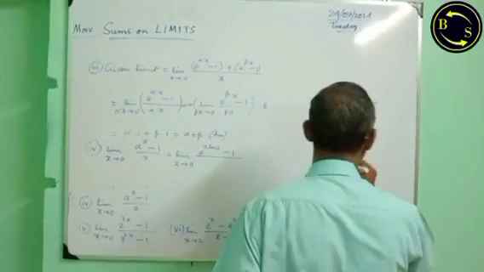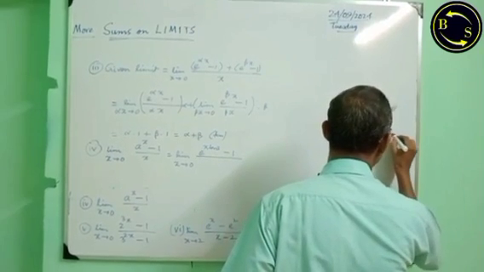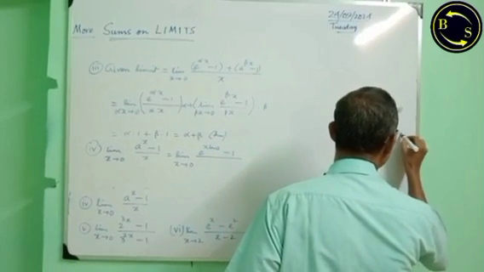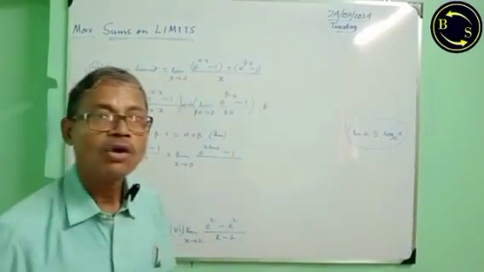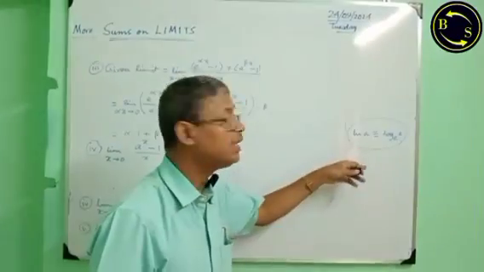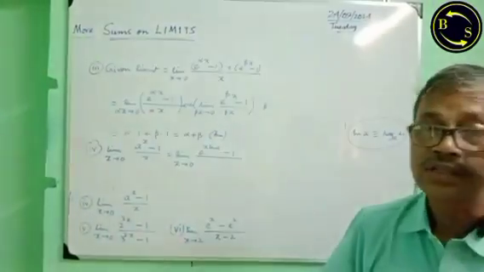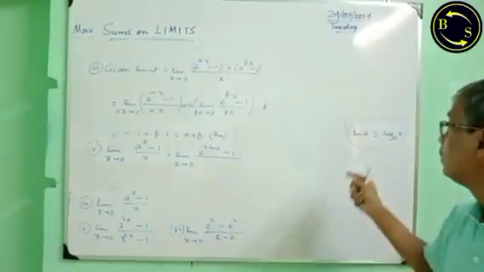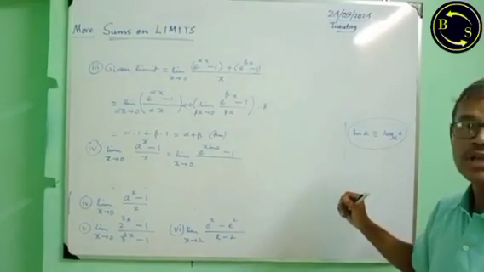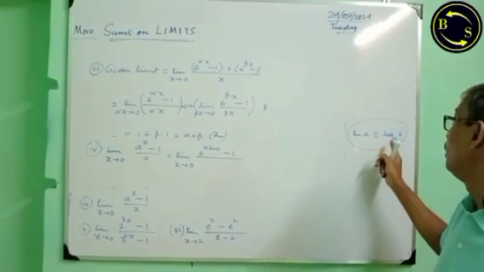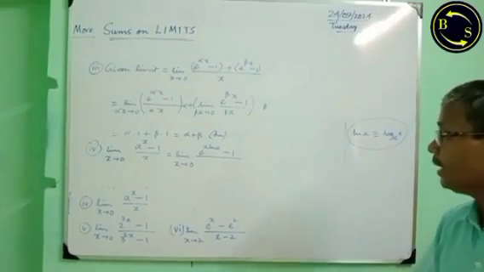Note the symbol. ln a is equivalent to log of a to the base e. Log of a to the base e is written in this ln form. Actually, this is the natural logarithm, represented by this symbol, which was discovered by John Napier. Log of a to the base e, natural logarithm ln a.